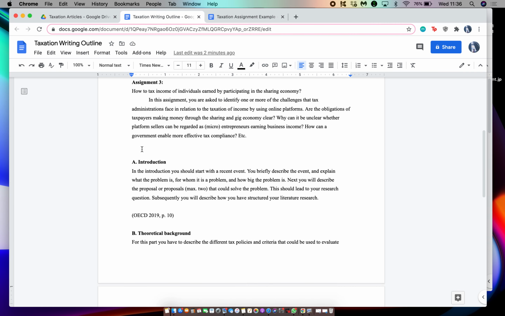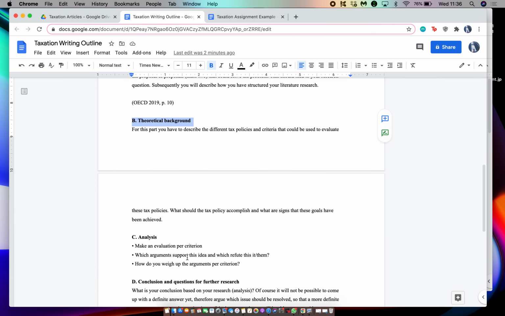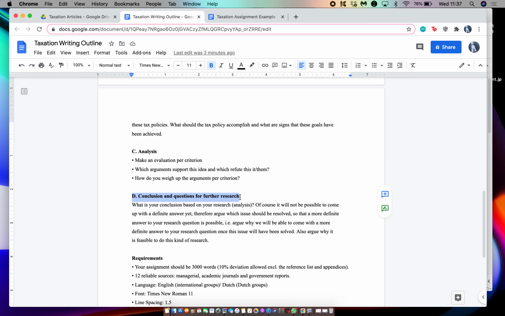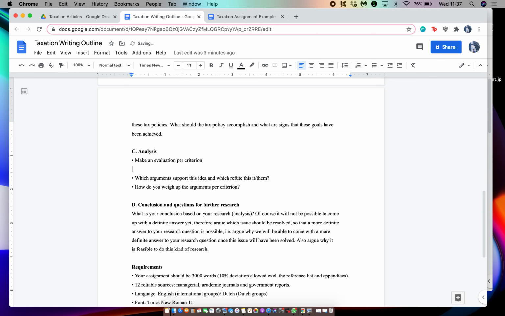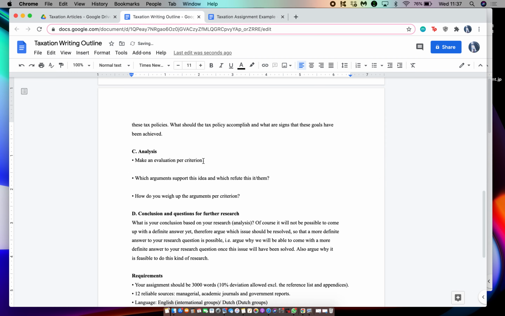So whenever you're making an outline for your essay, these are your big blocks, basically, that you make in your outline to separate your writing and separate what you're going to be writing about. And then once you have these big blocks of information, you can make separate paragraphs or separate sections for each of the items that you want to address.